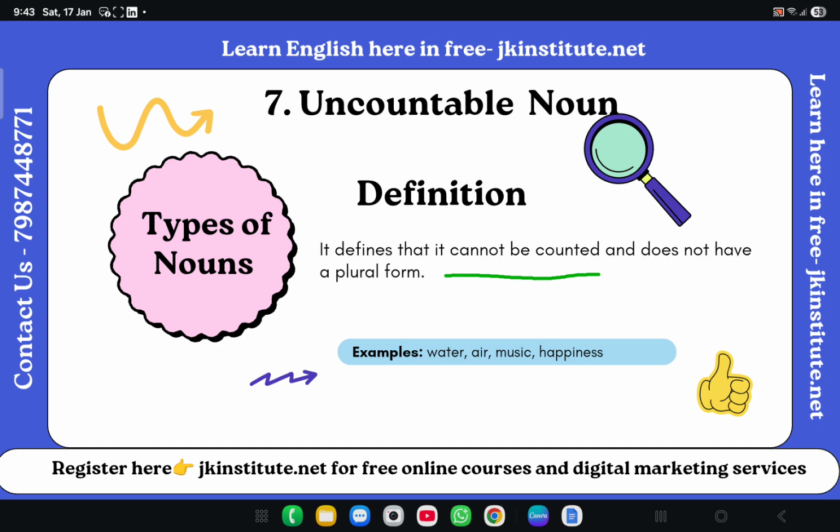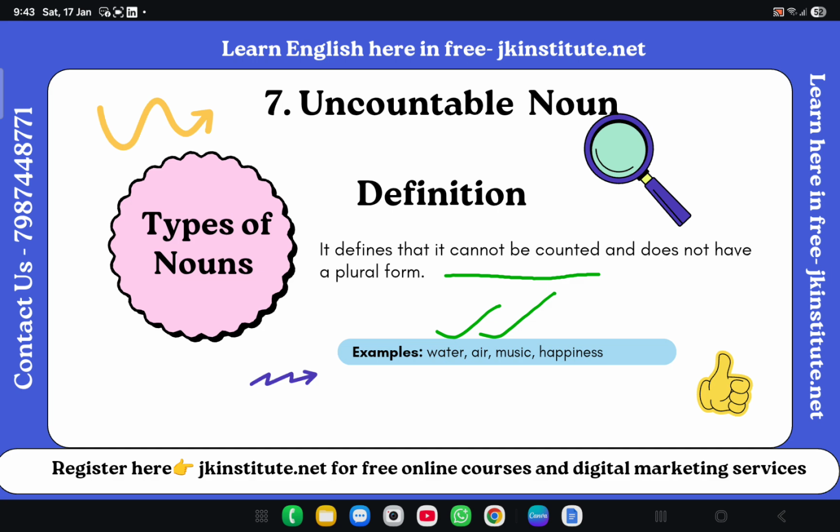Remember, there is no plural form for them. Water, so we can't write waters. Air, the singular and plural are the same. Music, music only. Happiness, happiness only. So these are uncountable nouns that cannot be counted.